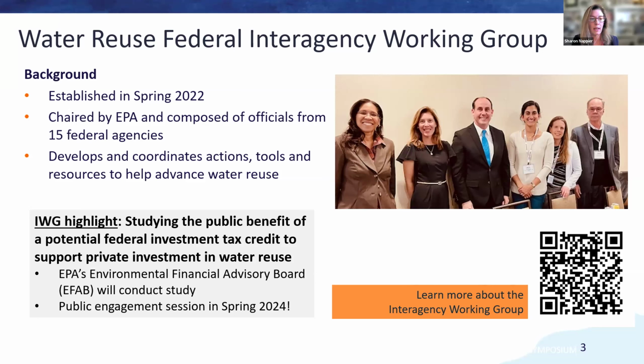I also want to highlight one focus area for us. Congress in the last year directed us to study the public benefits of a potential federal tax credit to support private investments for reuse. So this could include companies that are looking at on-site water reuse.